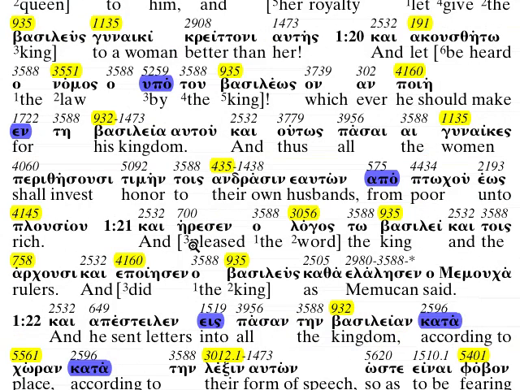And the word, the logos, pleased the king and the rulers, and the king did as Memucan said.